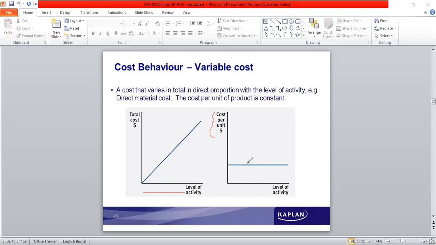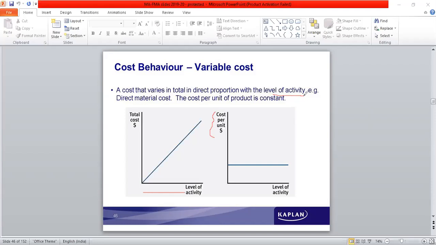Okay, that is the behavior, a cost that varies in total in direct proportion with the level of activity. Now this is the key point, level of activity. It doesn't change with any other thing, it only changes with activity. Don't ever get confused that it will change with any variable. No, it changes with only one variable, which is called the level of activity, the number of units, the production.